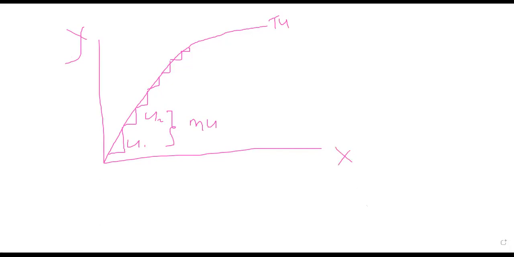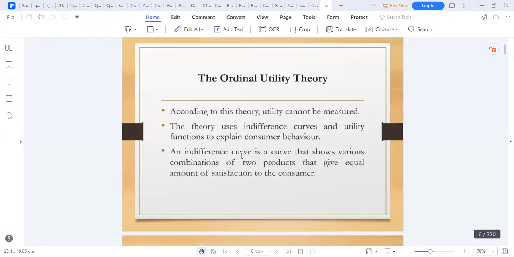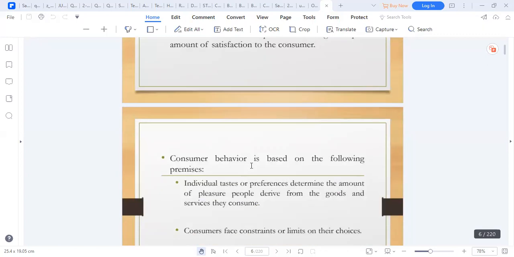Now, in utility or satisfaction, we've talked about two models. We also have what we call the ordinal utility theory, which assumes that utility cannot be measured. So it uses what are called indifference curves to explain consumer behavior. And these indifference curves show various combinations of two products which give us an equal amount of satisfaction.